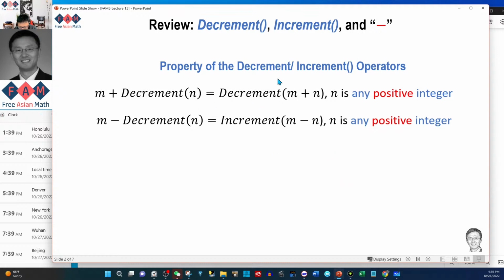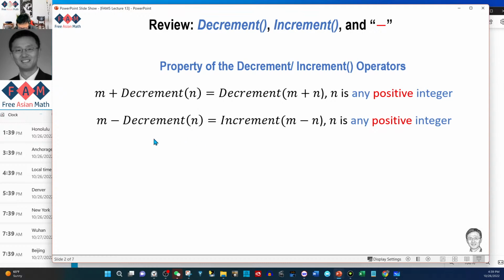So why is it that decrement and increment are pairs? If you have an integer m, and you add another number n, but decrement on that n, it's the same thing as you first add n, then do the decrement.